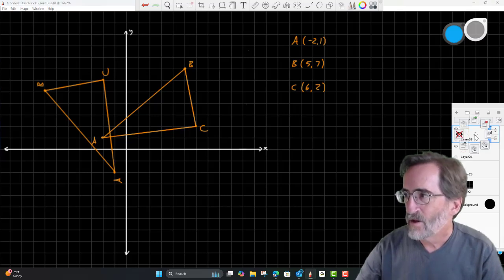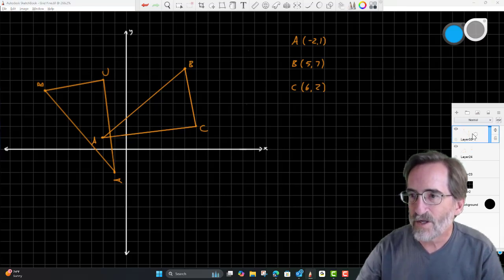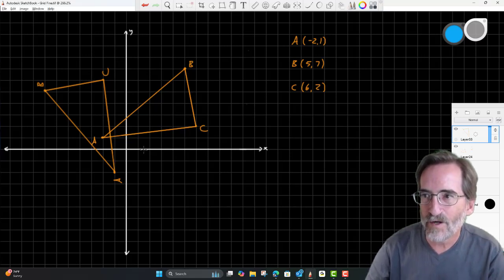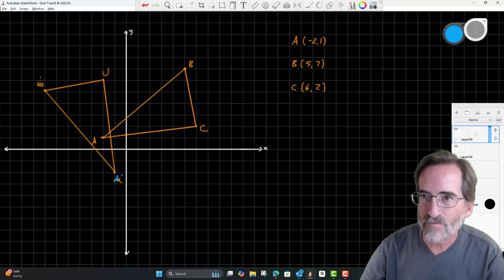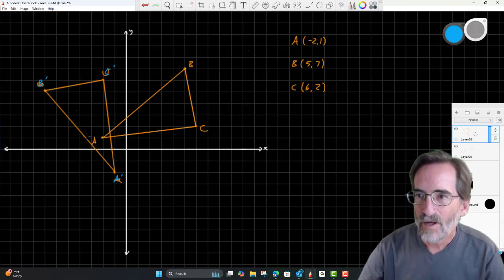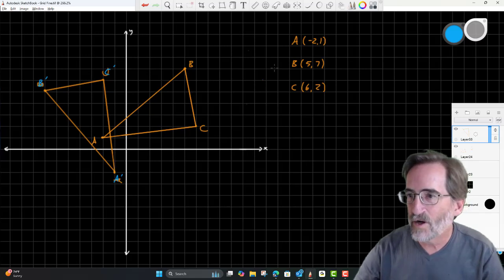And I'm going to now take a look at the coordinates. This now is A prime, this now is B prime, and this is C prime. Whereas A was (-2, 1), A prime is now (-1, -2).